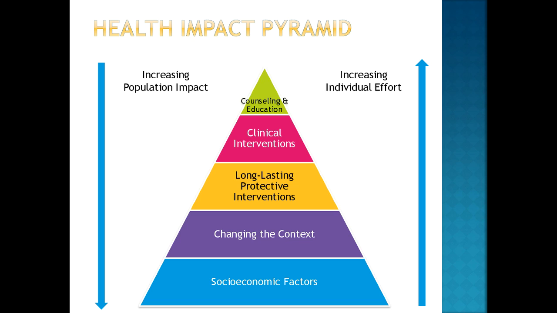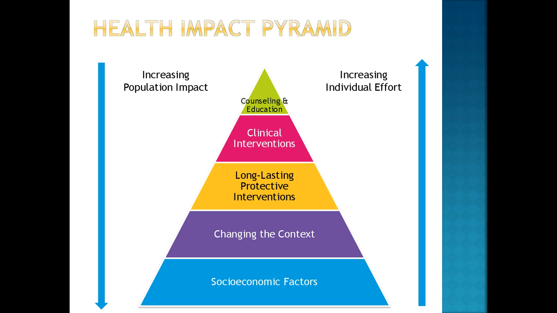As we move down the pyramid, the next level is clinical interventions. These include treating health concerns with prescription drugs or other medical interventions. We're starting to have a larger population impact, but still pretty heavily focused, and we're waiting for someone to develop a disease before we begin treatment.